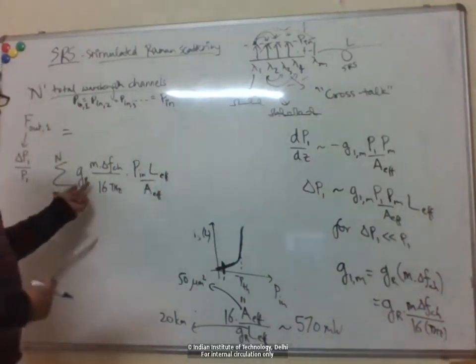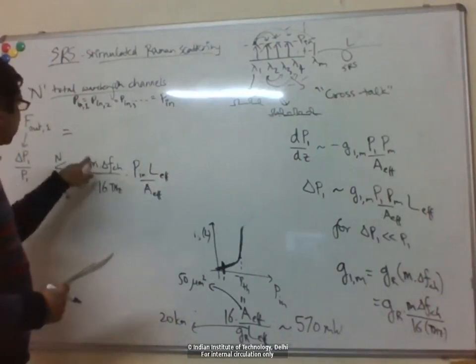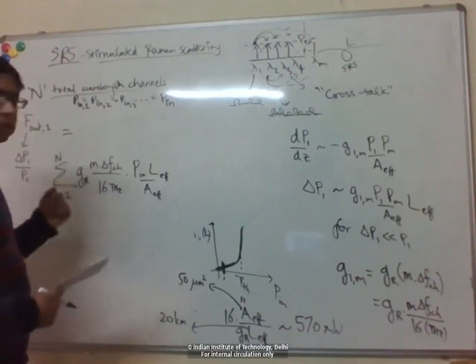You can see all these numbers are constant, and you just have an m here. So you have a summation of the natural numbers from 2 to N.